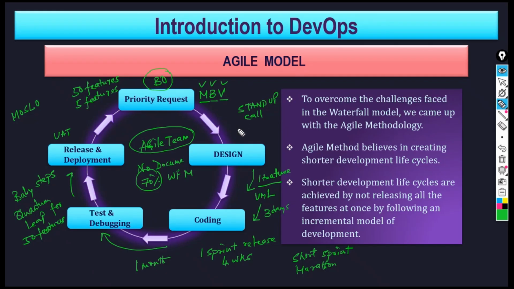3 points will be discussed. Not more than 3, because in 15 minutes you cannot discuss too much. One, what happened yesterday. What were the issues included? And did you assign those issues?